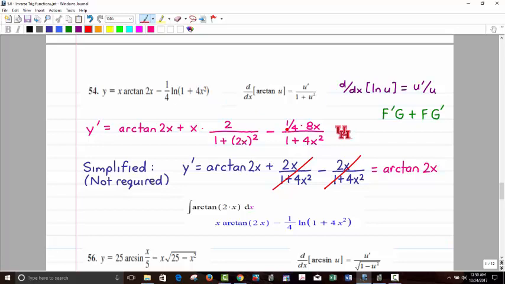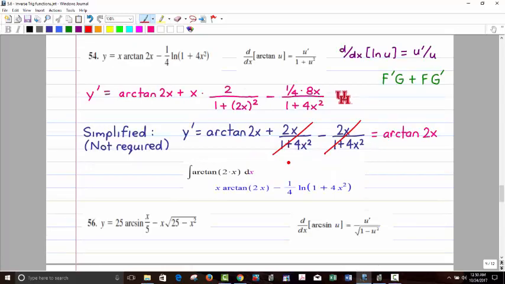So 1/4, and the derivative of 1 plus 4x squared is 8x. And then we have 1 plus 4x squared on the bottom, which is the u. You wouldn't probably have to simplify this, but I did this to show you that these two terms actually cancel, and it simplifies to arctan of 2x.